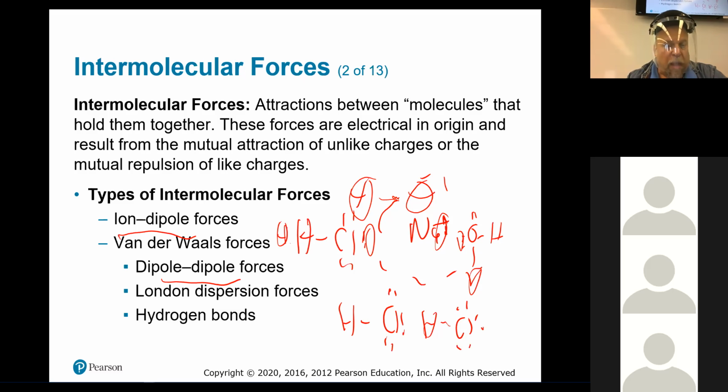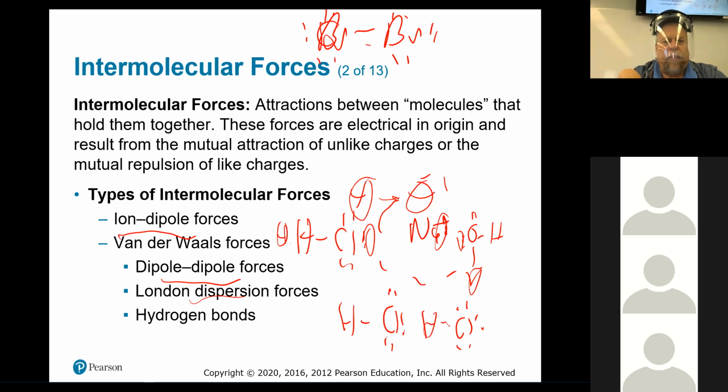Now the London dispersion forces are where you have interaction between nonpolar molecules. Say, for example, bromine interacting with another bromine, which is a liquid normally at room temperature. Why?